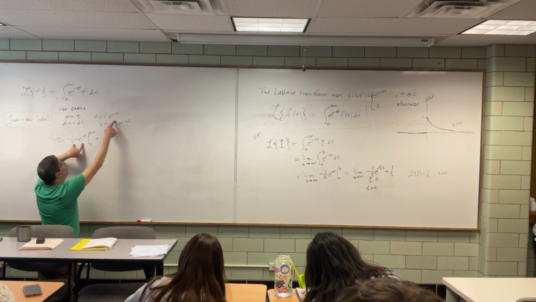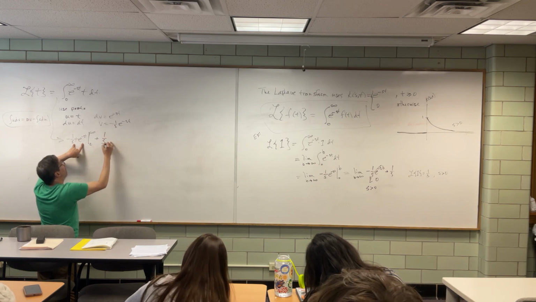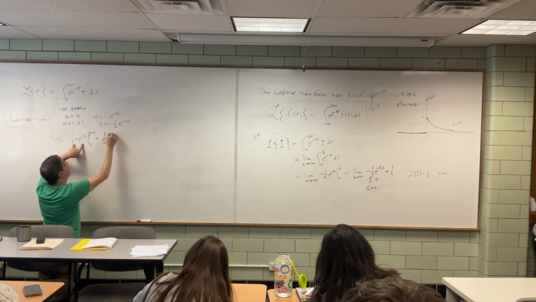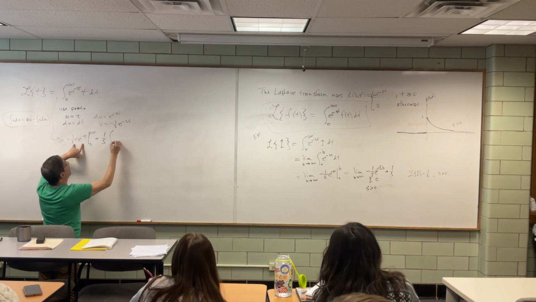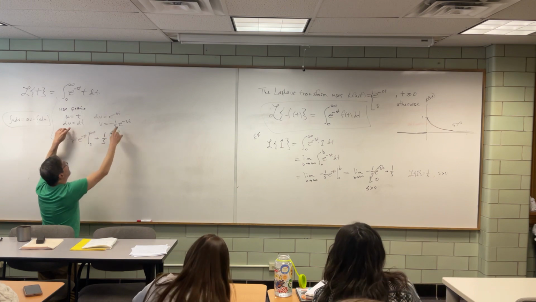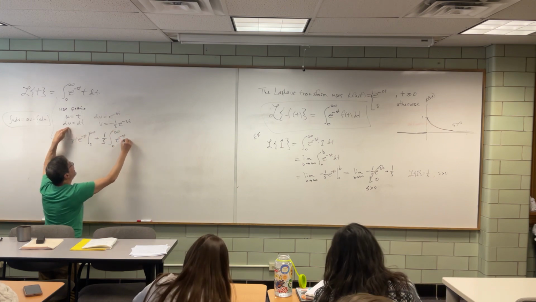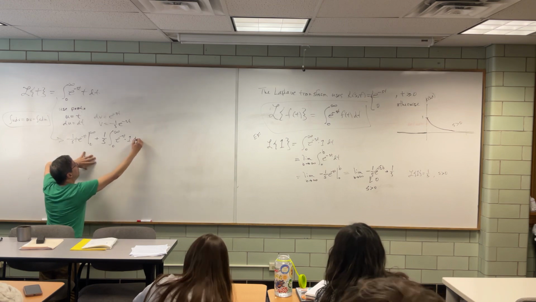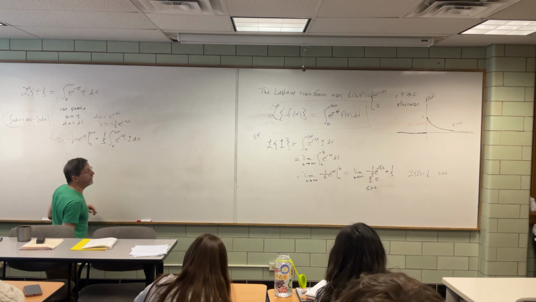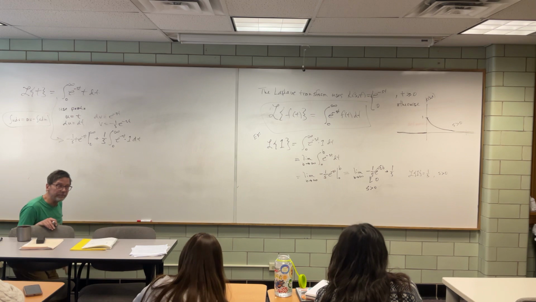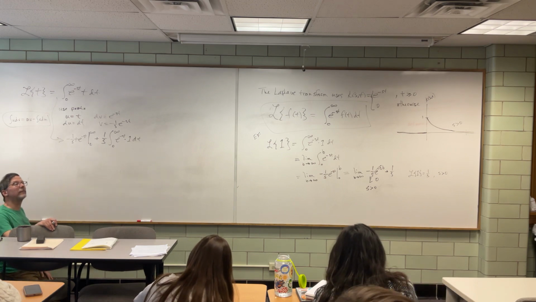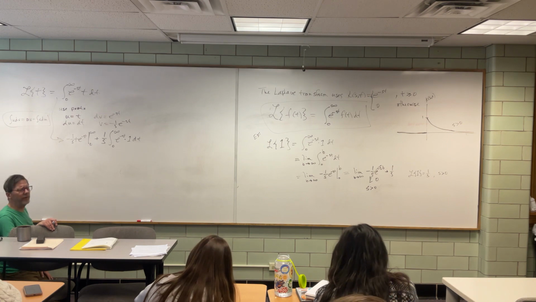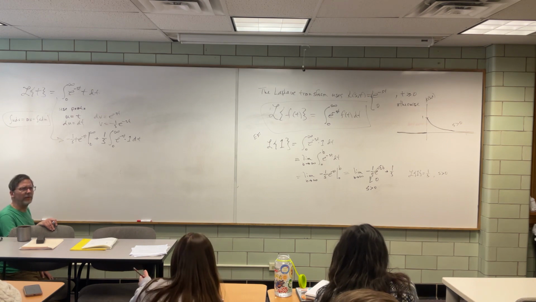Notice the 1 over s is a constant with respect to our variable t. So I've got 1 over s integral 0 to infinity of e to the negative st. I'm going to secretly put a 1 in there just to see if I can jog any noticings of similarities. That'll look nice.